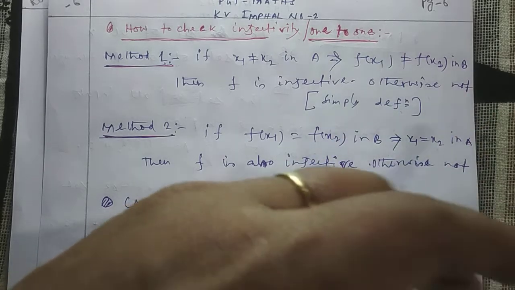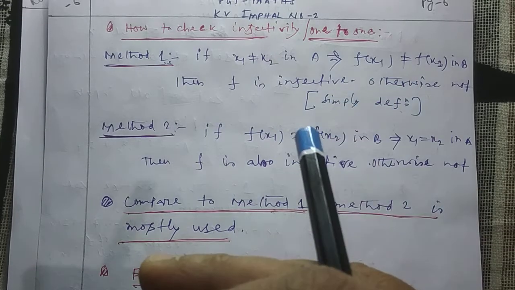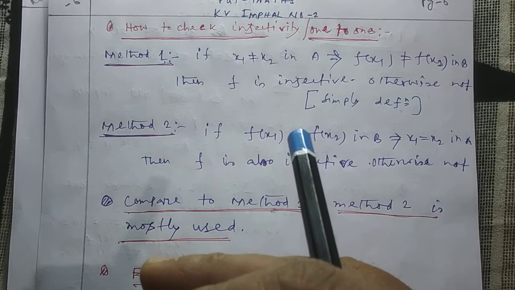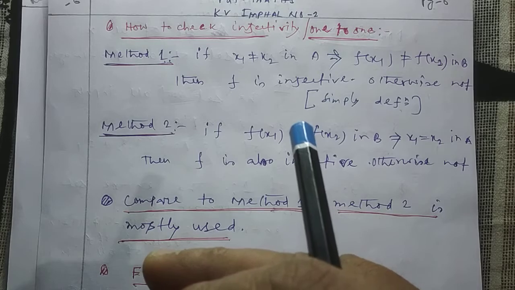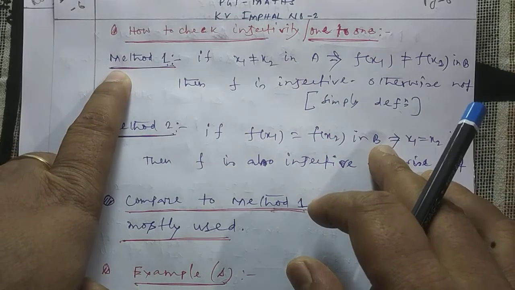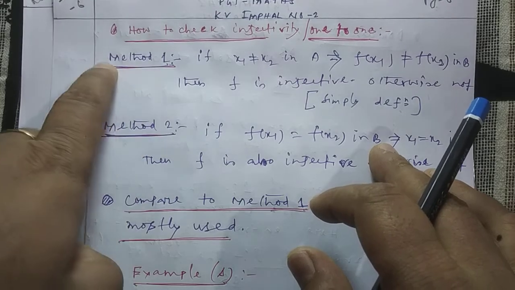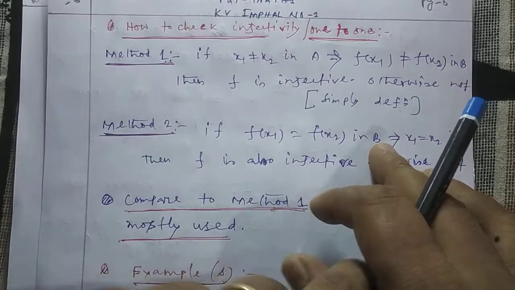Suppose a function will be given to you, then how to check whether it is injective or not? That's why we need to know about the methods. There are two methods to check whether it is injective or not. The first one is method 1 and the second is method 2. Now let us discuss every method one by one.